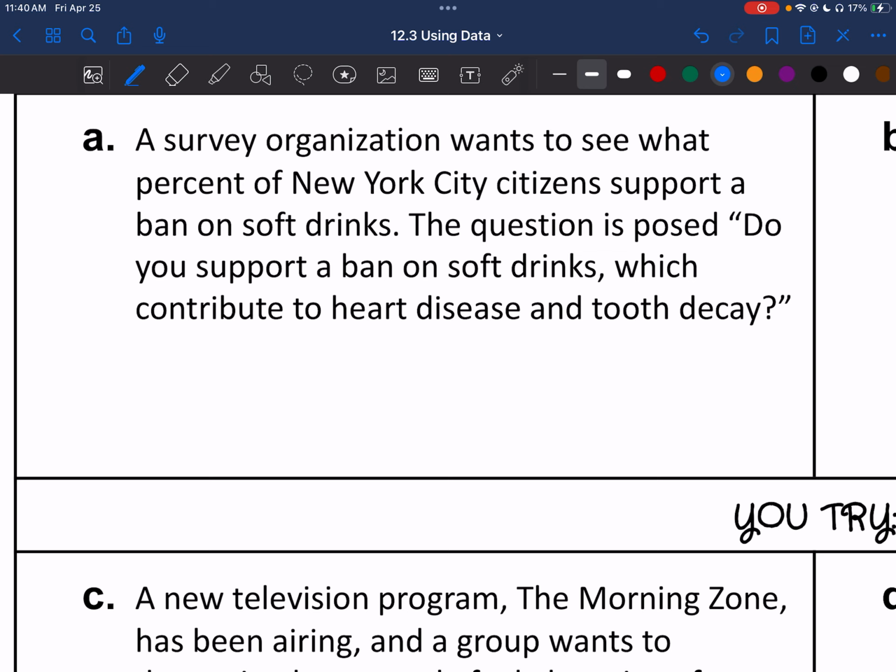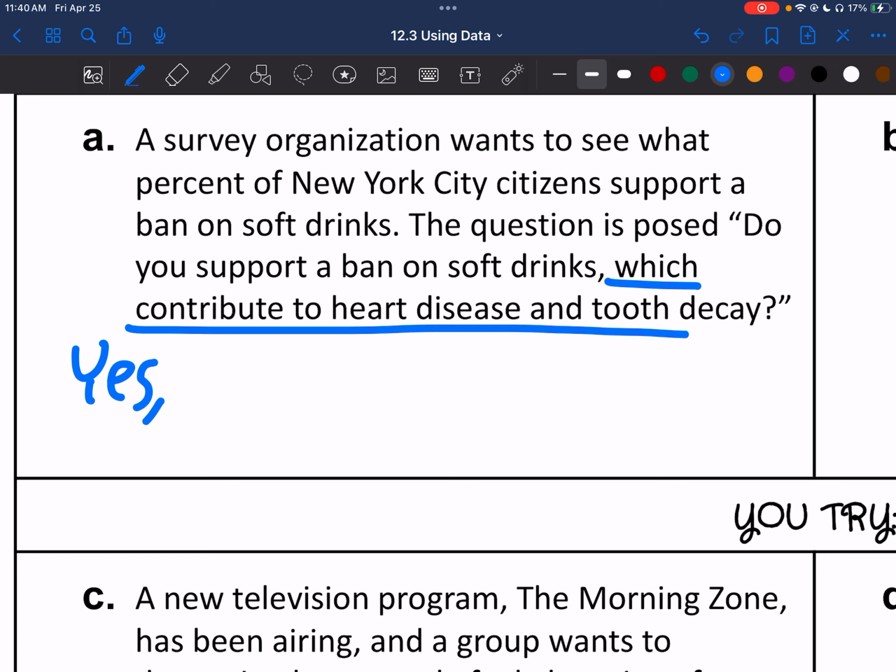So we have a survey organization that wants to see what percent of New York City citizens support a ban on soft drinks. The question is posed, do you support a ban on soft drinks which contribute to heart disease and tooth decay? So is this a question that's going to potentially bias the results? Yes, it will. And the reason why is this part right here, which contribute to heart disease and tooth decay. So what is going to serve this bias?